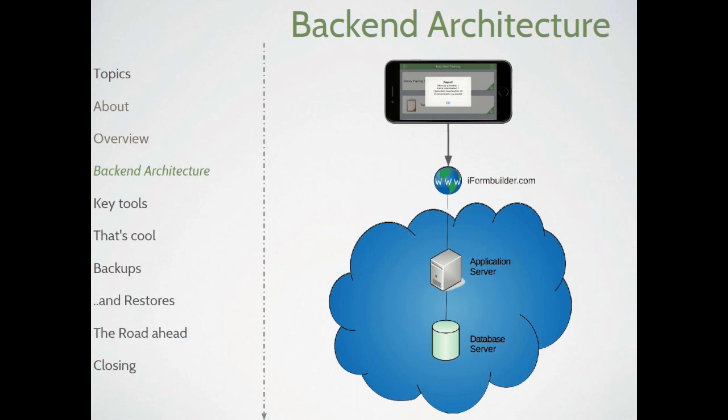So what happens next? First of all, the data goes to an application server. That would be similar to the person on the desk that we saw in that earlier picture. That application server takes the data, makes sure that the communication is correct so that it received all the data from your mobile device, nothing gets lost.